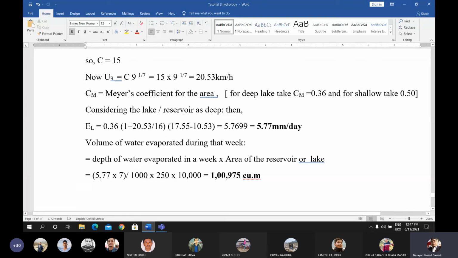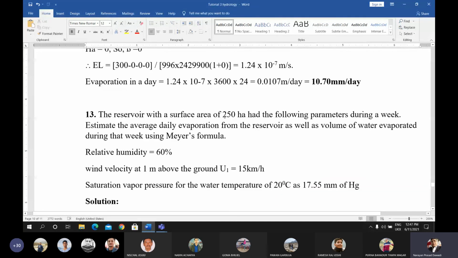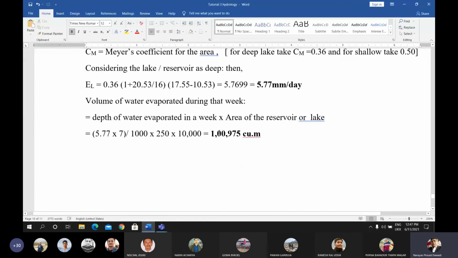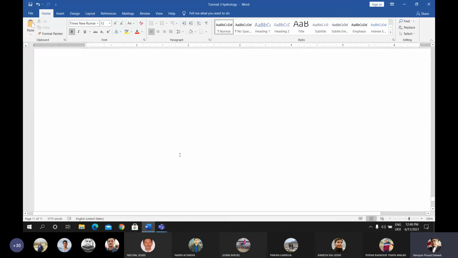The area is given as 250 hectare, which is converted into square meters by multiplying by 10,000. You will get the total volume of evaporated water during that week as 1,975 cubic meters. In this way you can find the evaporation loss using Meyer's equation.